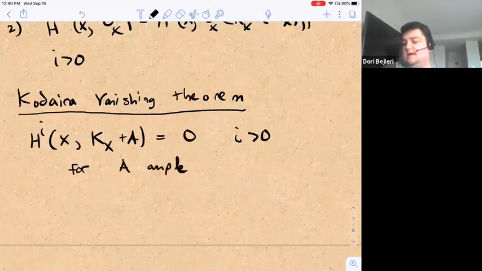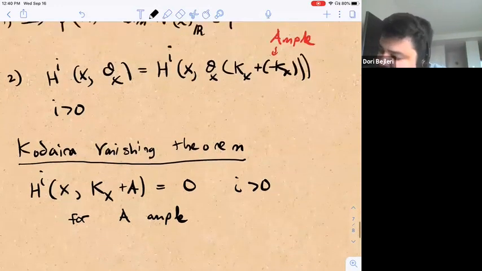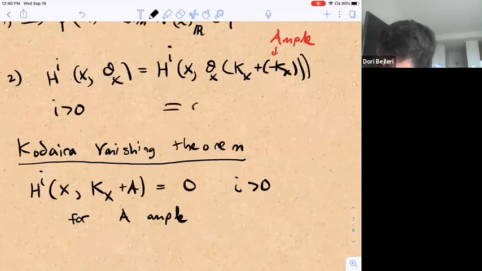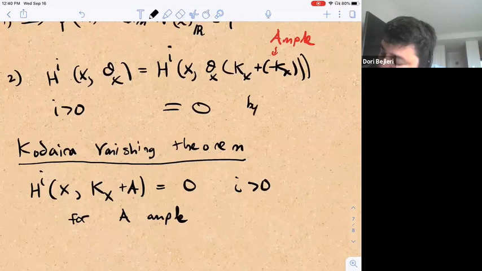So anytime you look at a divisor of the form canonical bundle plus an ample, then Kodaira vanishing tells you that its higher cohomologies are 0. And so because minus K_X is ample, we can apply it here, and so we get that these are 0 by Kodaira vanishing.